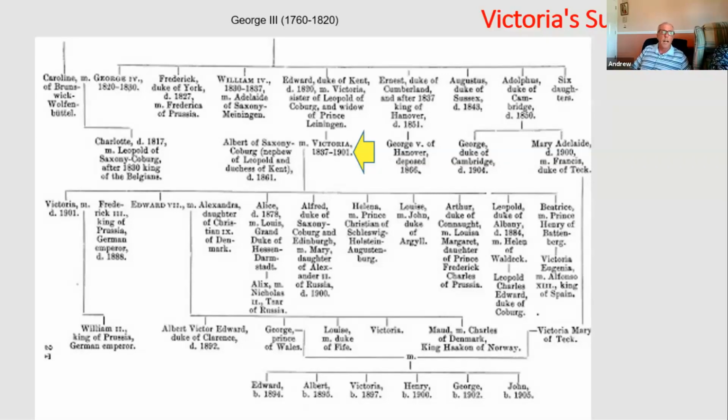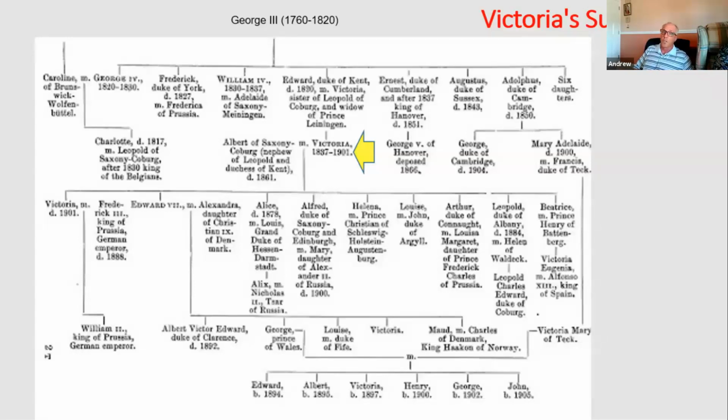If you look at it, you can see that she is the daughter of the fourth son, the fifth child, but the fourth son. In fact, just to back up a second, her grandfather was the last member of her immediate ancestors who'd been a monarch. Neither of her parents was a king or queen.